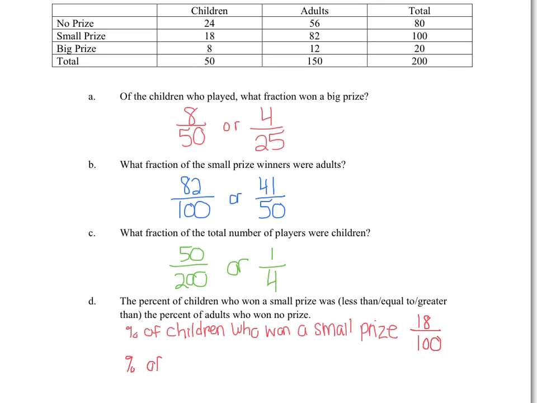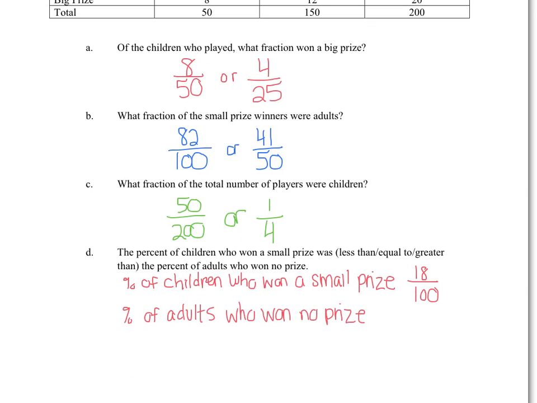Our percent of adults who won no prize, so here's our row of no prizes, 56 out of 80 of them were adults, so that's going to be 56 out of 80.